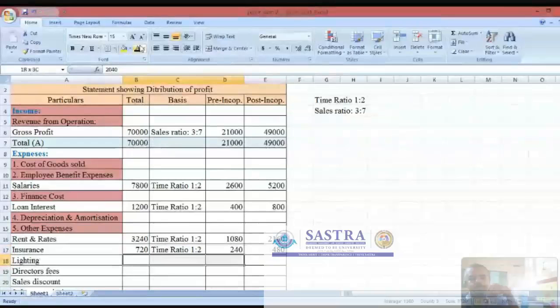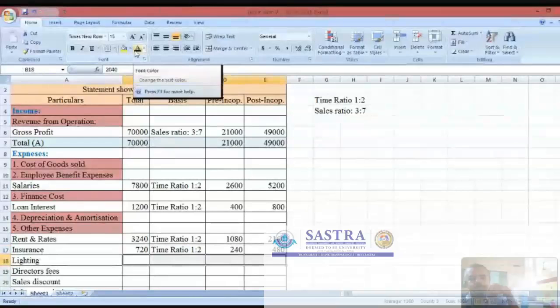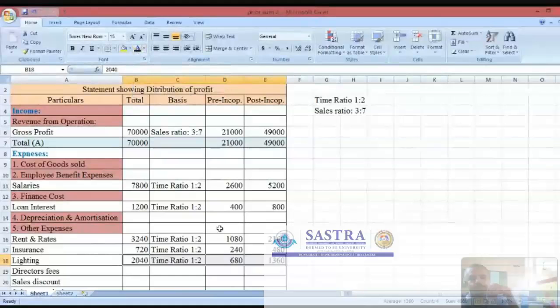Then lighting will be a time ratio. 2040 divided by 3 is 680, and into 2, 1360 is post incorporation. The director is appointed only in the post incorporation period. These expenses are nowhere related to pre incorporation, so they are allocated to post incorporation. Pre incorporation has no expenses, as there was no director before the company was incorporated.